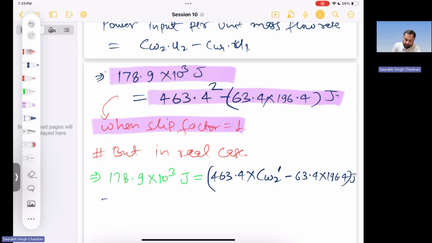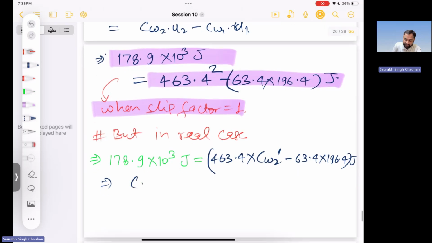So from here you can calculate CW2 dash. If you calculate it, you will find this value comes out to be 412.9 meters per second. This is the actual.